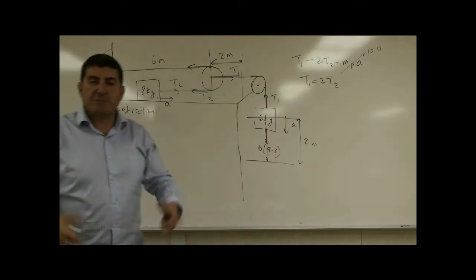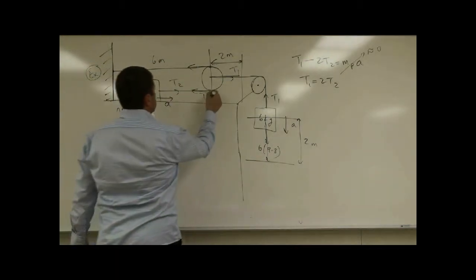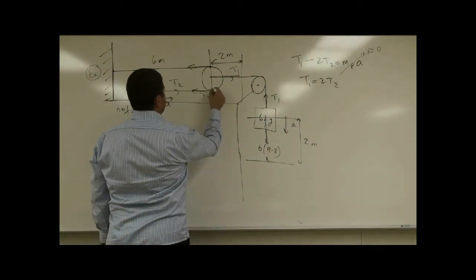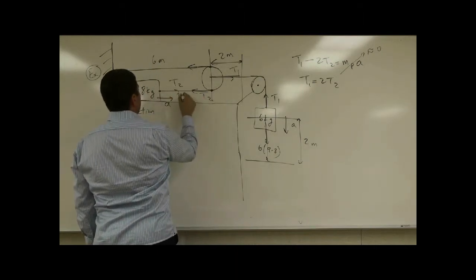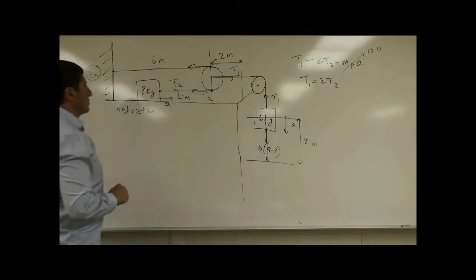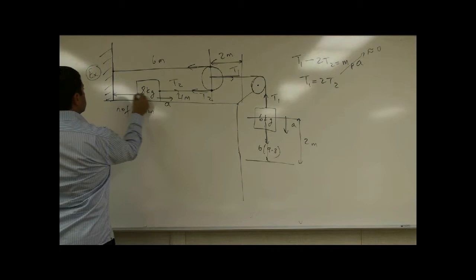It doesn't have to be, but I'm just saying let's assume it was. And then let's say the distance from where the pulley is touching the string here to here was 4 meters.